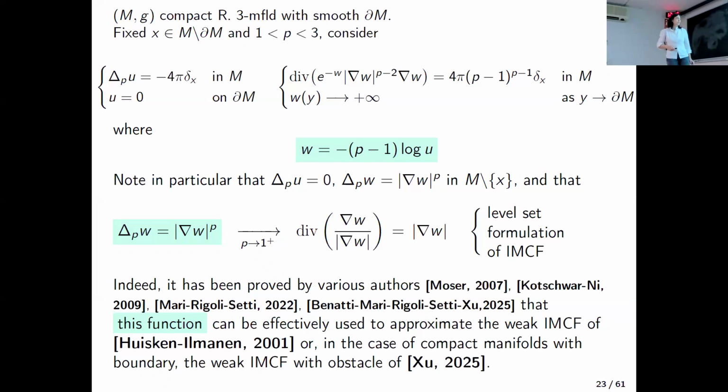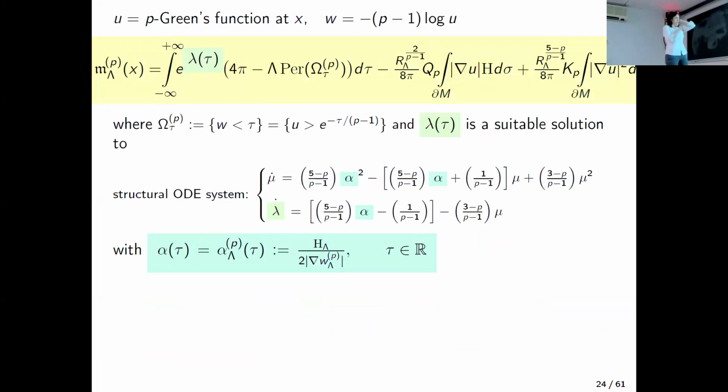They were proved in the recent result of Benatti, Mari, Rigoli, Setti and Xu to also converge locally on compact sets with respect to the infinity norm, the continuous norm, to the inverse mean curvature flow with obstacle. Okay, so there is this existence result.